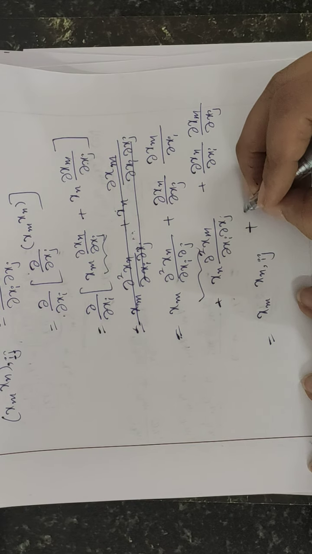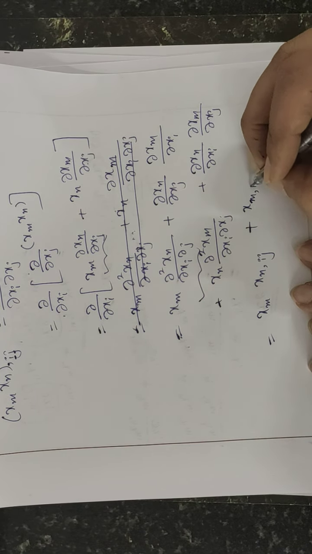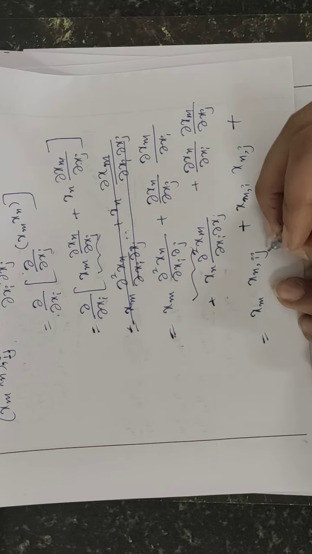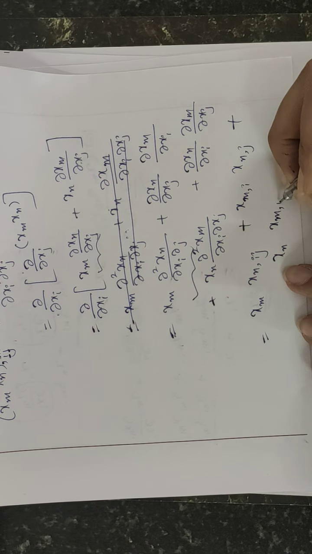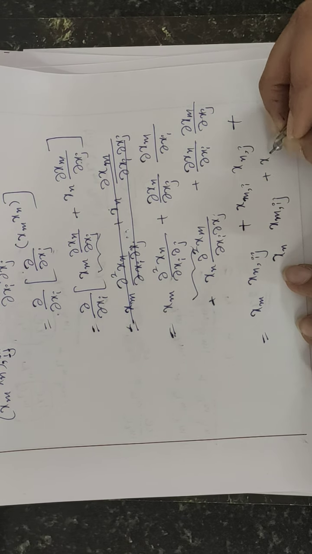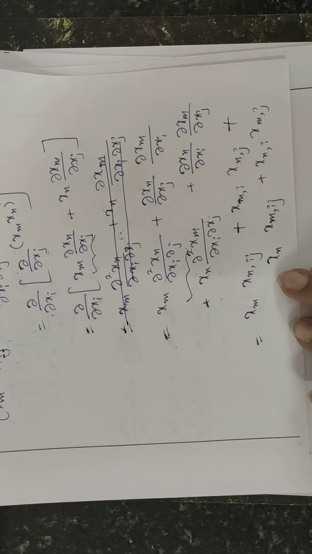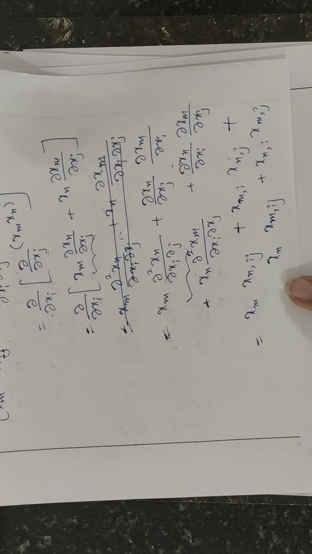So here it is xm comma i and xn comma j plus xn xm comma ij plus xn comma i xm comma j. This is what you will get from this step.